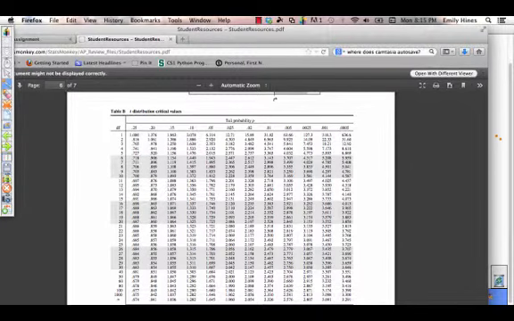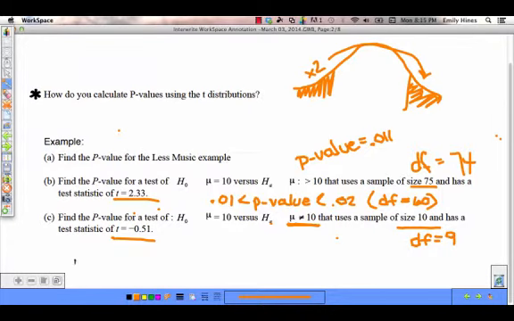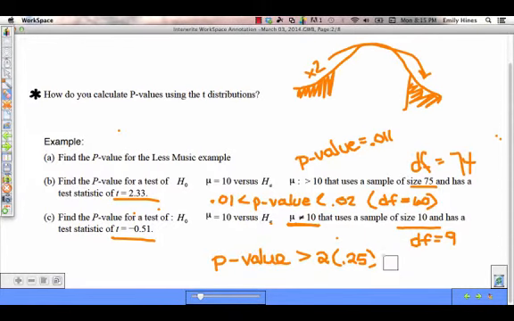Okay, which means if I multiply that by 2, it would end up being greater than 0.5. So my p-value in this case, according to table A, is going to be greater than 2 times 0.25. So, which means that it's going to be greater than 0.5.